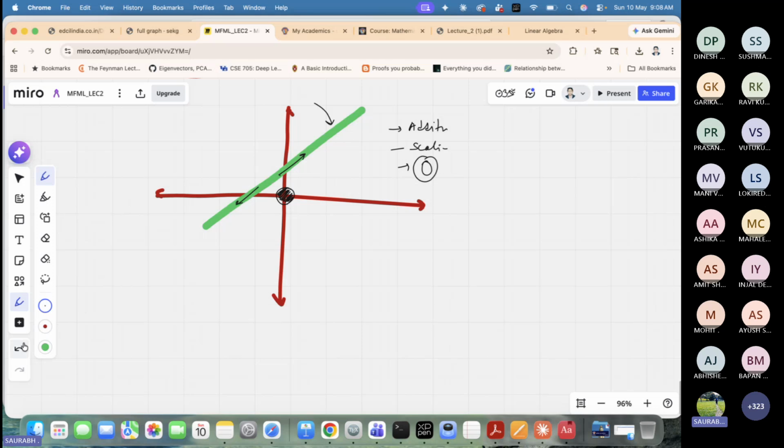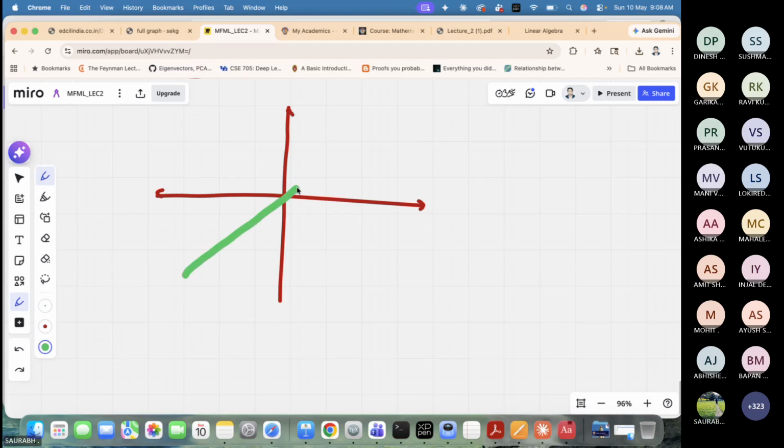Now think of a line which goes through the origin. Now is it a vector space? Think of any vector, for example, a vector 1 1.